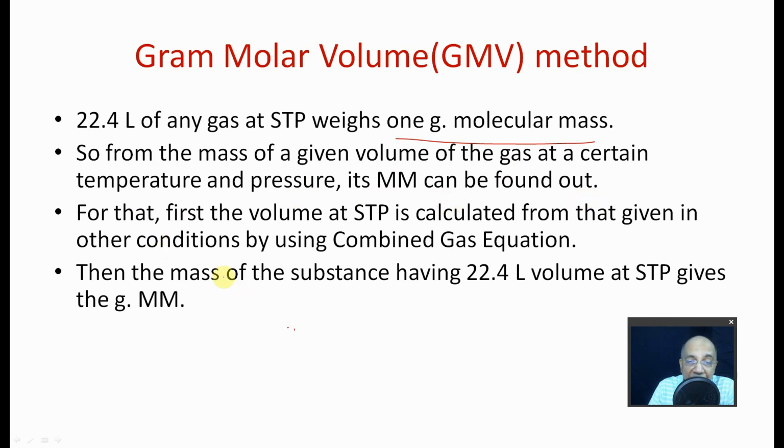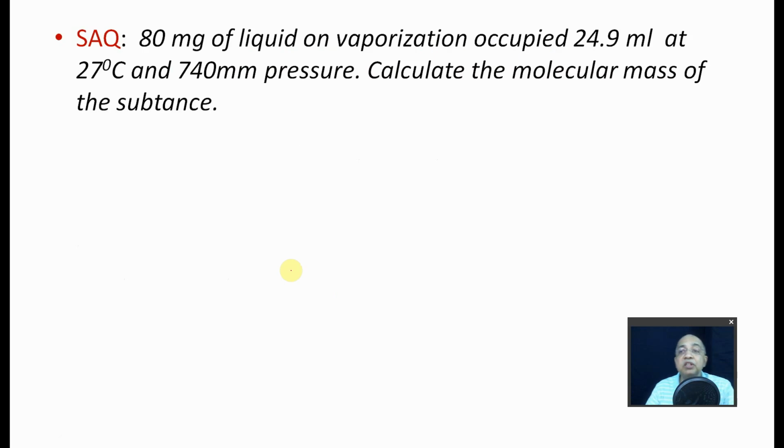First, by converting the volume in the given conditions to STP condition, and then by using combined gas equation, and then that many volume at STP weighs, because mass will never change, weighs that many gram, so 22,400 ml will weigh how much? So here is a problem for you.